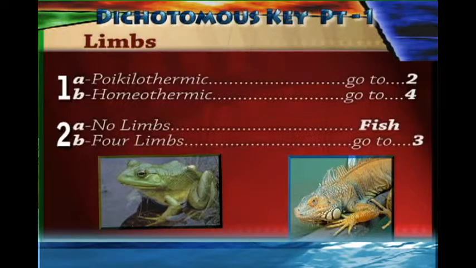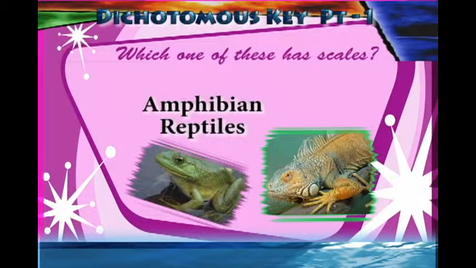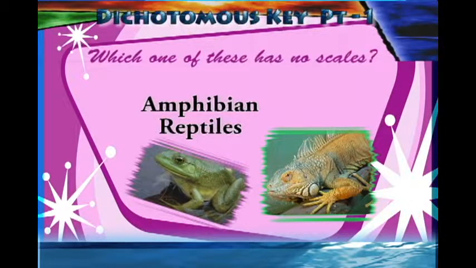And when we reached number 3, the amphibians and the reptiles, we had to divide them and come up with a question. The question we came up with was about the scales. We ask which of the following has scales on the body and which has no scales.